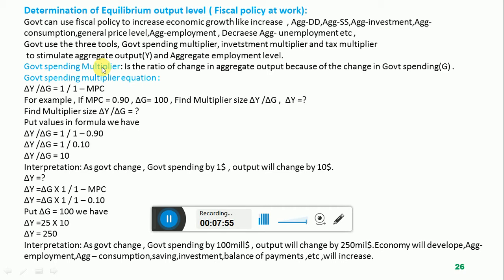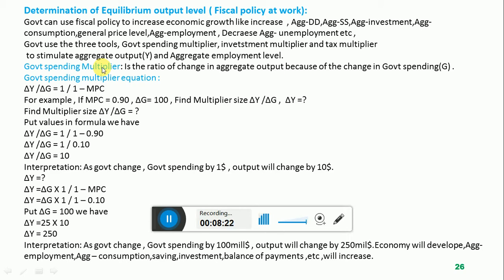Multiplier is the ratio of the change in aggregate output because of the change in an independent or exogenous variable, like change in G, change in investment, or change in tax. It means if government spending changes by $1, if the tax rate changes by $1, if investment changes by $1, as a result aggregate output will change by 2, 3, 4, 5 or $10.